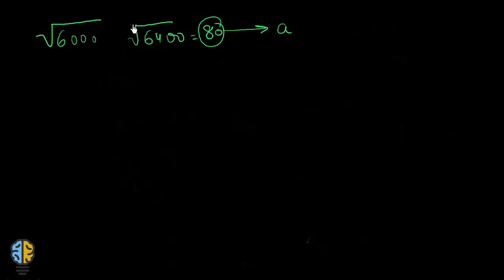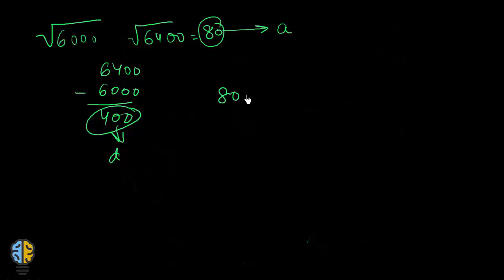Now what we'll do is take the difference of 6400 and 6000, which is 400. Let's say this 400 is d, as a difference. So 80 minus 400 upon, now this is very important. Why minus?